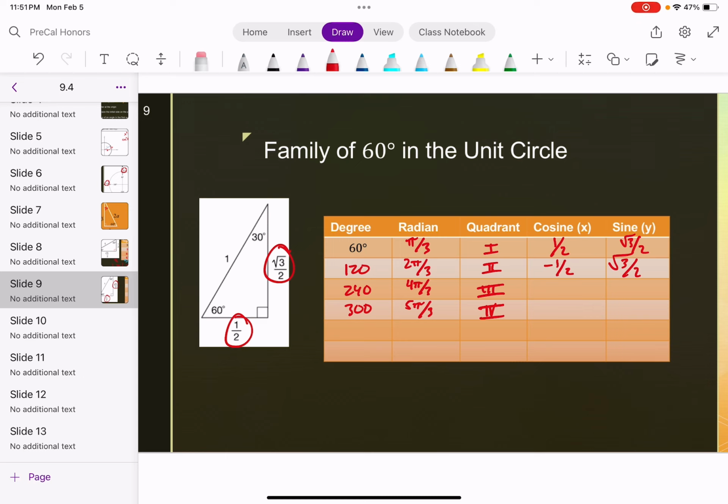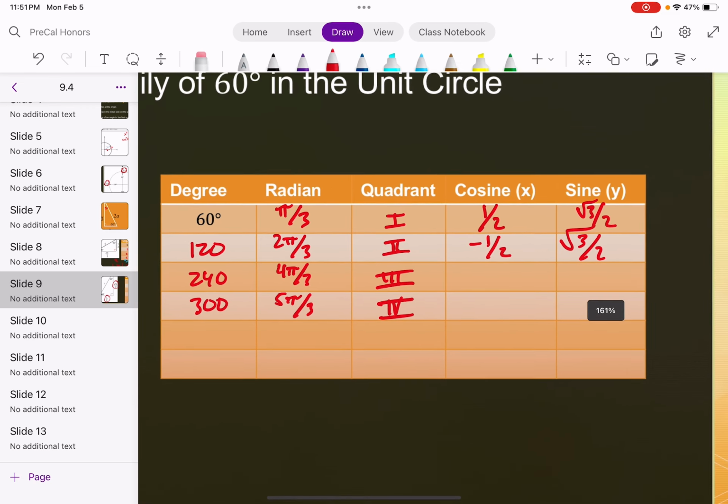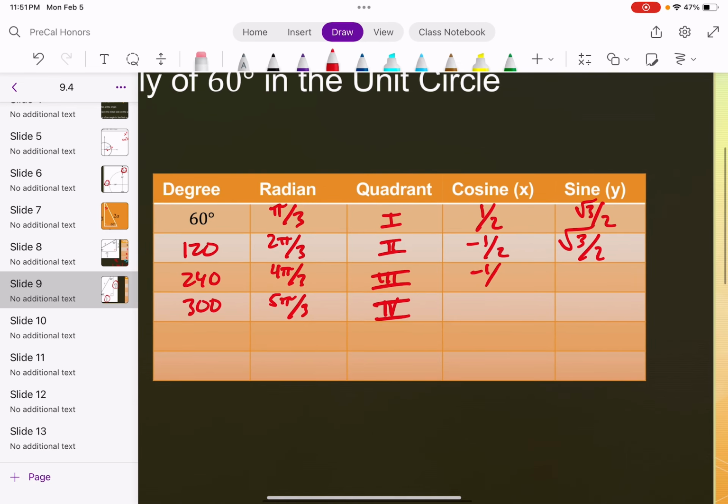Now 240, notice now we're starting to head into the third quadrant, and in that case we're going to end up with a negative 1/2 and negative square root of 3 over 2. Last possibility would be quadrant 4.